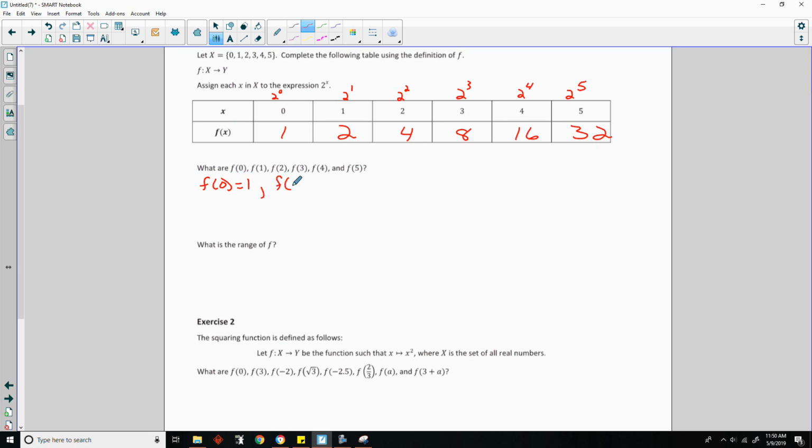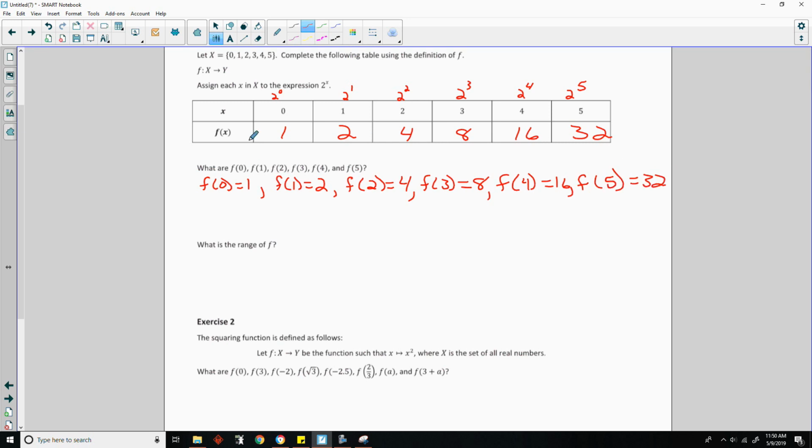F of 1 equals 2. F of 2 equals 4. F of 3 equals 2 cubed, or 8. F of 4 is 2 to the 4th, which is 16. And then finally, f of 5 equals 32.